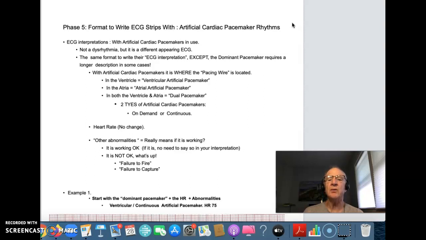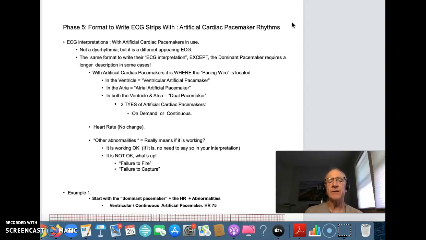The format to write your interpretation of an ECG with an artificial cardiac pacemaker is the same as we've been discussing over the course. The exception is that the dominant pacemaker takes a little more description. For example, one part of the description deals with where that pacing wire is located.